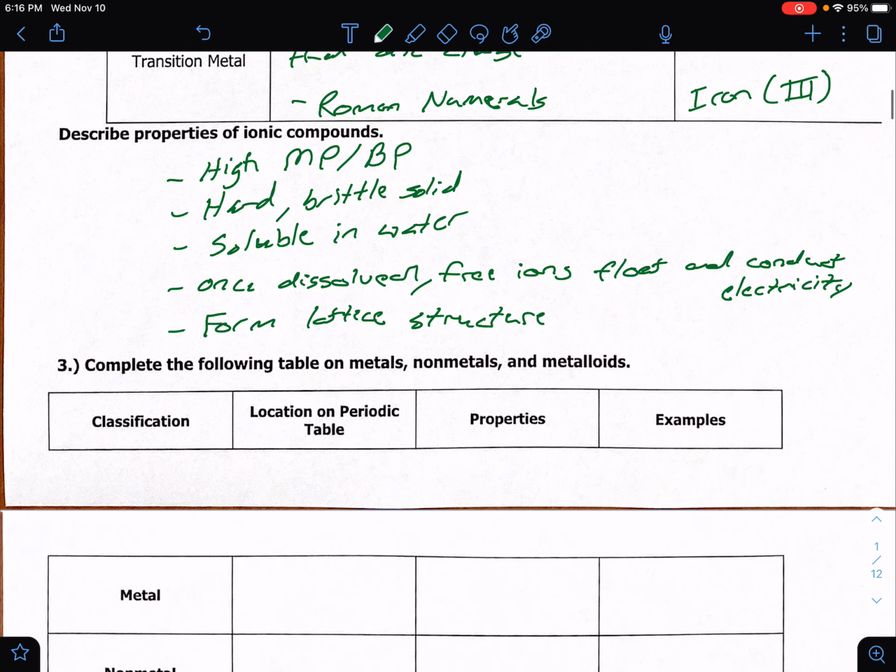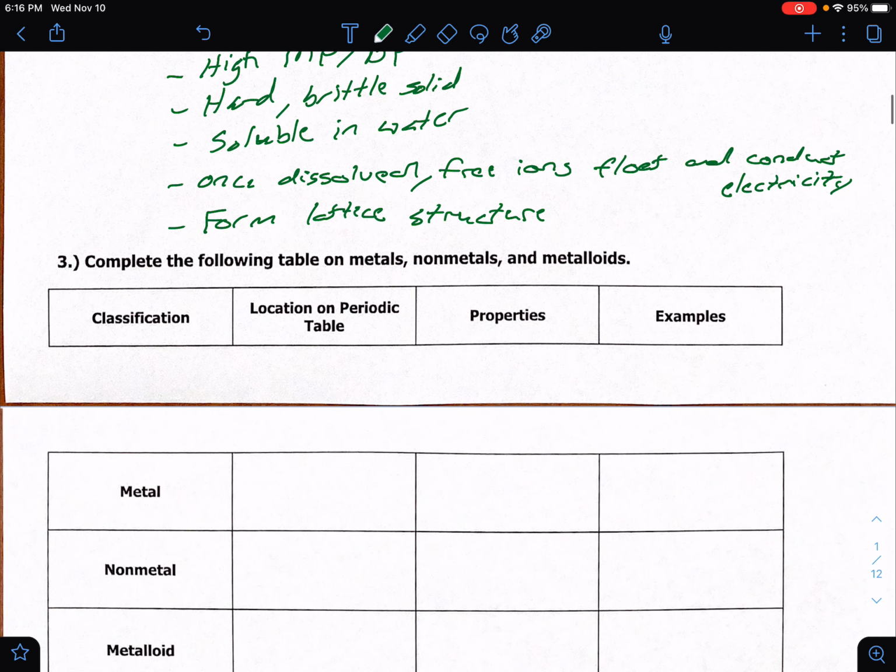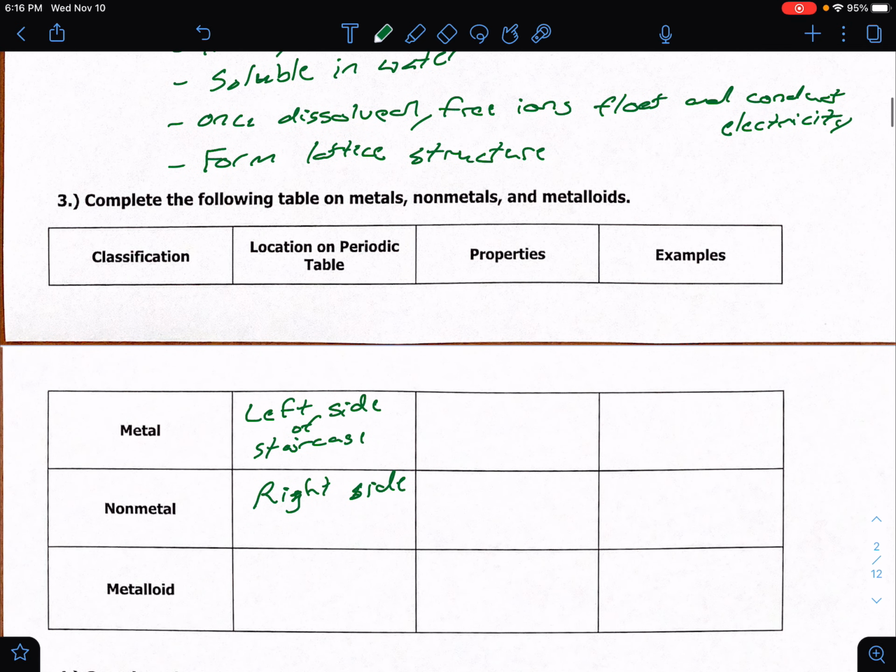Now we're going to move on to section 3, where we're going to classify a metal, a non-metal, and a metalloid. Your metals are going to be on the left side of the staircase. Your non-metals are going to be on the right side. And metalloids are going to be right on that line.